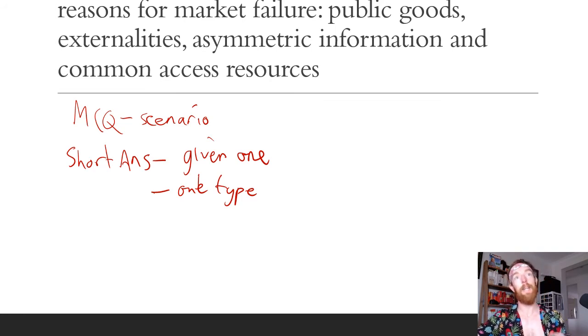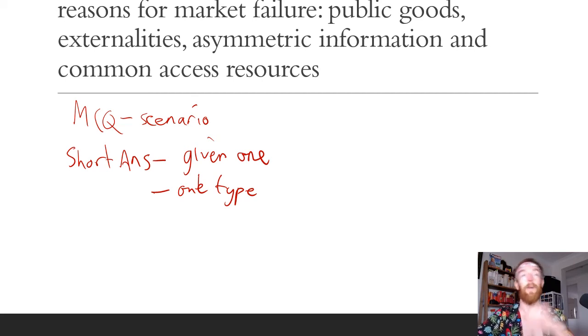Then lastly, common access resources are very similar to public goods, but they are rivalrous, which means that the consumption of it by one person means that there is less available for the next person. I often talk about common access resources in terms of fish in the ocean. If everyone could just fish as much as they want, we'd run out of fish in the ocean because people would keep fishing because fishing is profitable. They can sell those fish, and the consumption of those would mean that there's less available for other people.